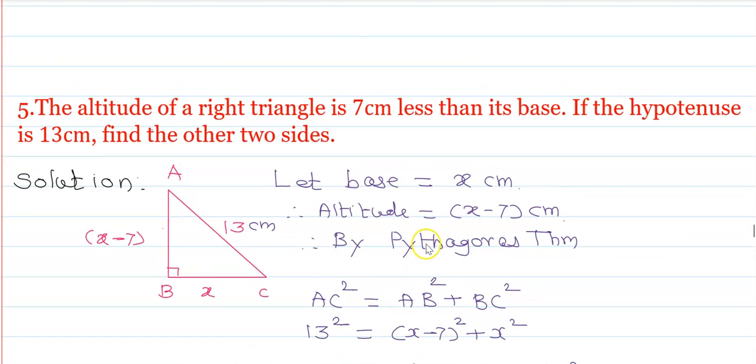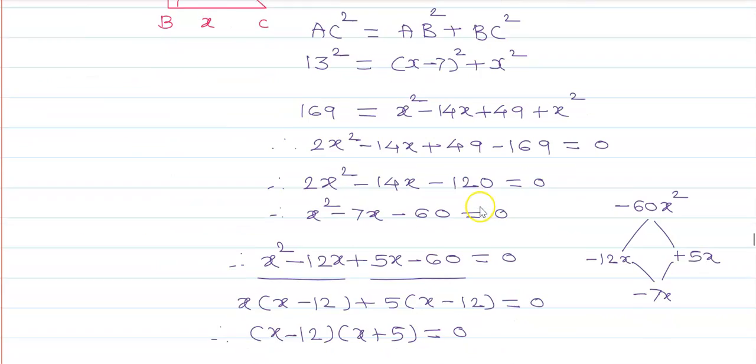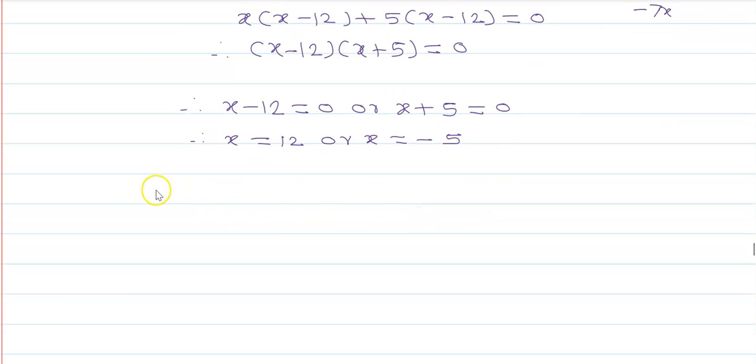Okay. But what is x? X is a base. Base is a length. It is not negative. Therefore, x is equal to 12 is possible. X is equal to minus 5 is not possible.